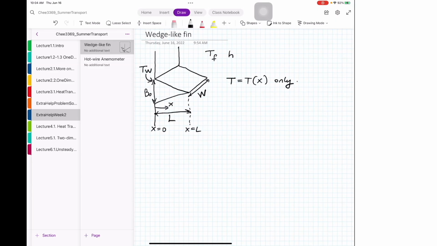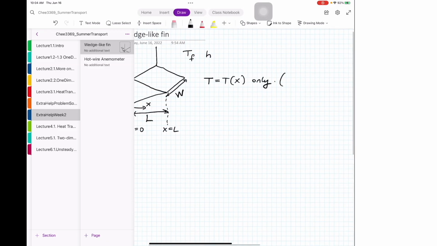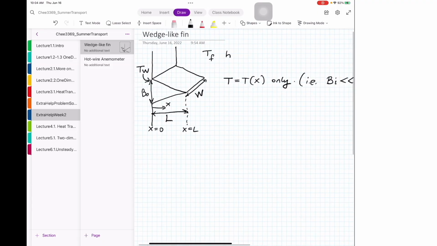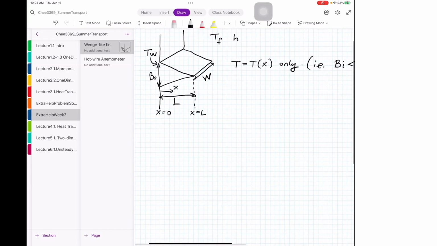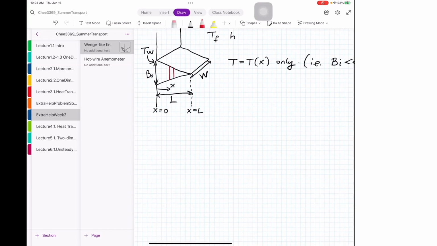So probably the Biot number is much smaller than 1. That's the reason we should write down the heat balance. We need to pick up a shell with a width of delta x.